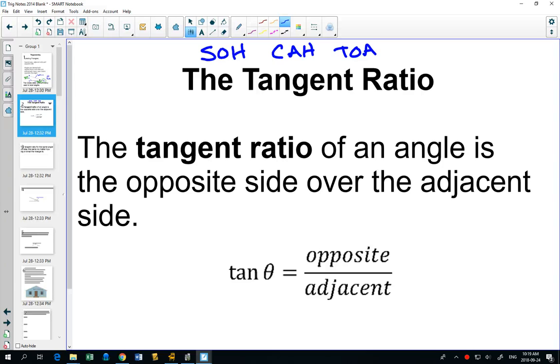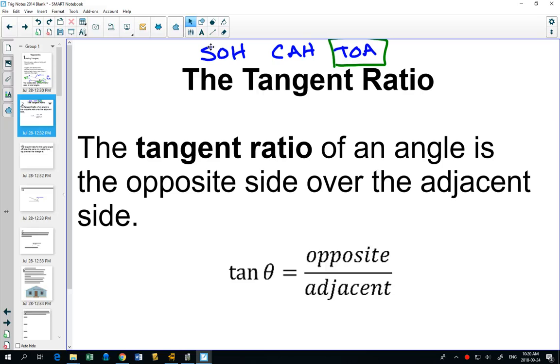So in a triangle, the tangent ratio, which is the first one that we're going to look at, which in Sohcahtoa is the toa, is the opposite side over the adjacent side. So this is the definition of tangent in a triangle.